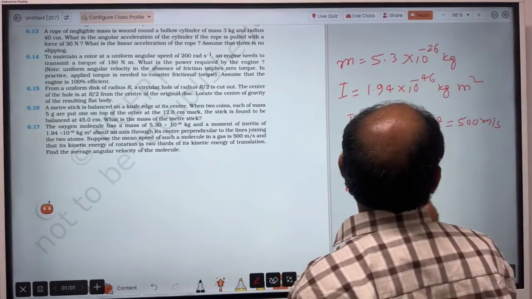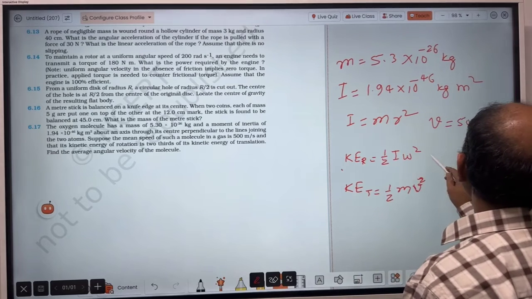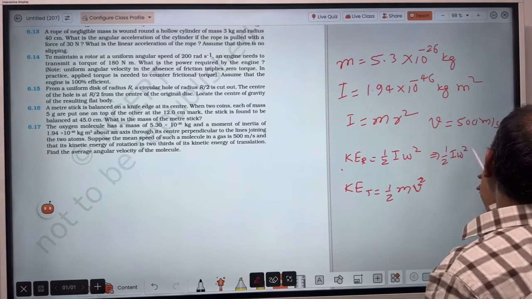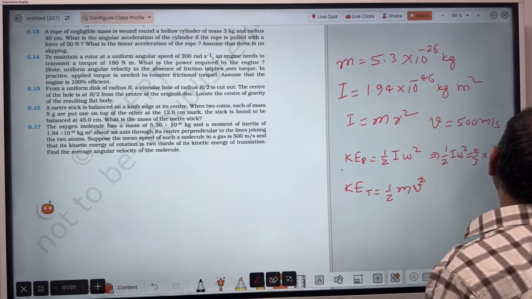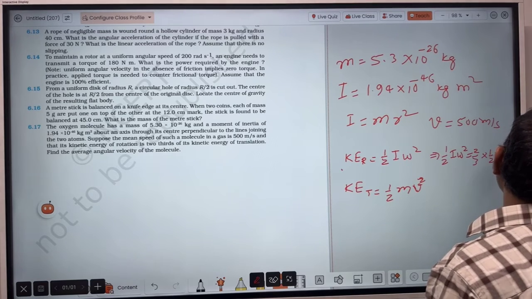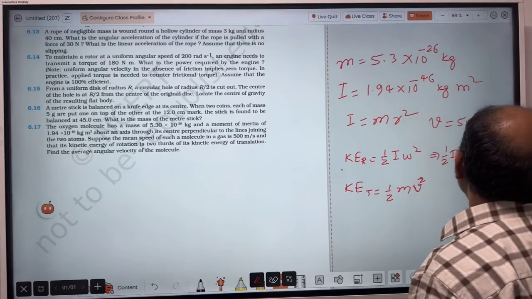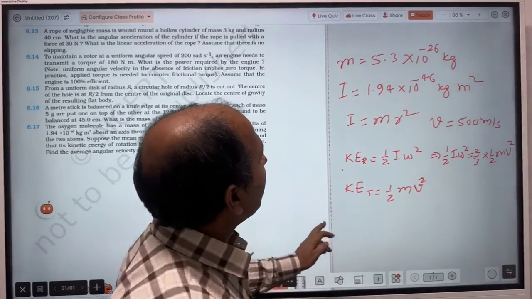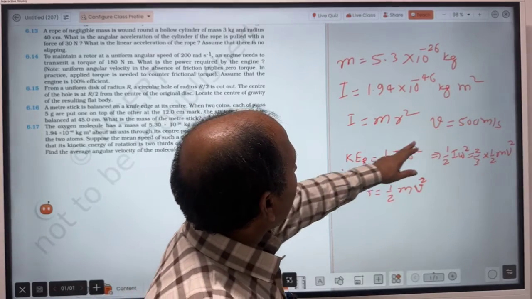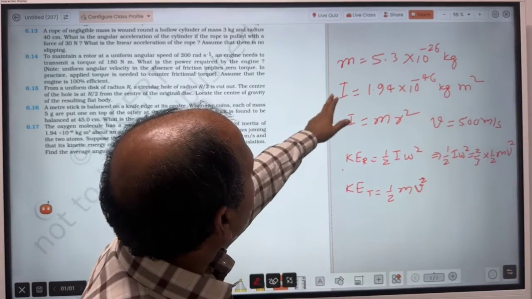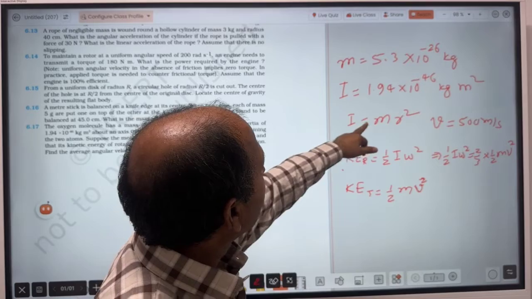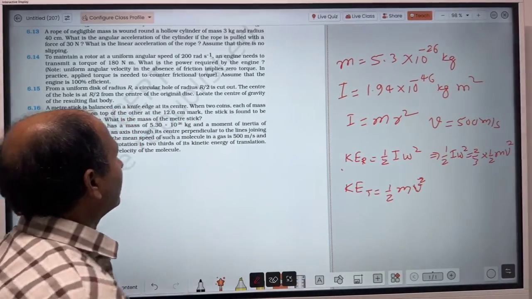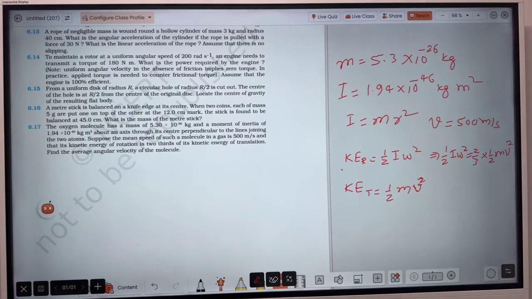This is 2/3 of KE, so we can say that 1/2 I omega square is 2/3 of 1/2 mv square. So these are the conditions. From here what we can get? Velocity is given, I is given, so we can get R also. So think, give 1 minute and tell.